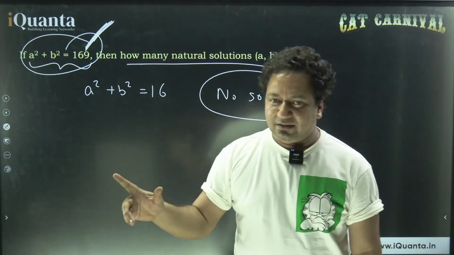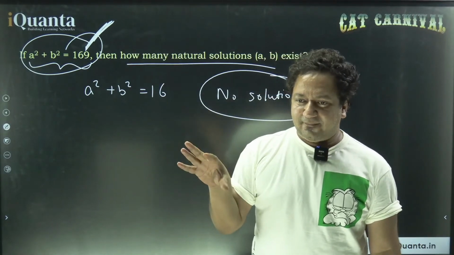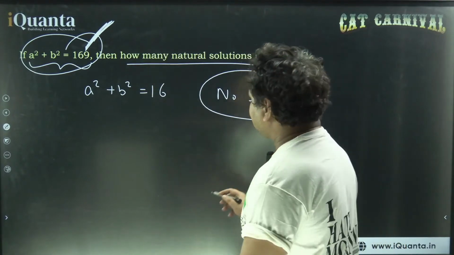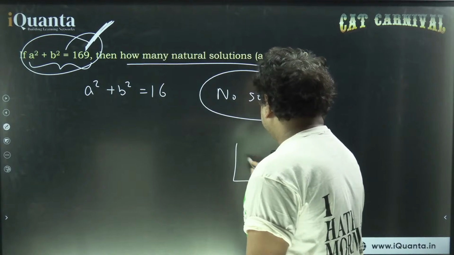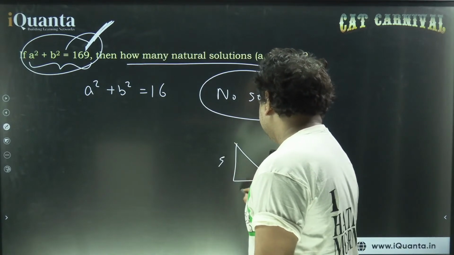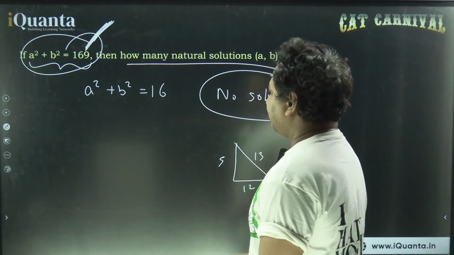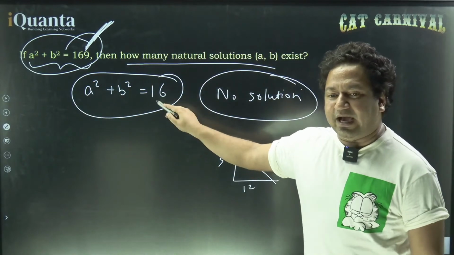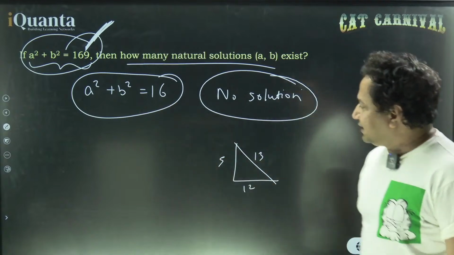We were able to solve this because there is a Pythagorean triplet, which is 5, 12, 13. But when I made it like this, there is no triplet in which the hypotenuse can be 4. Is that clear?